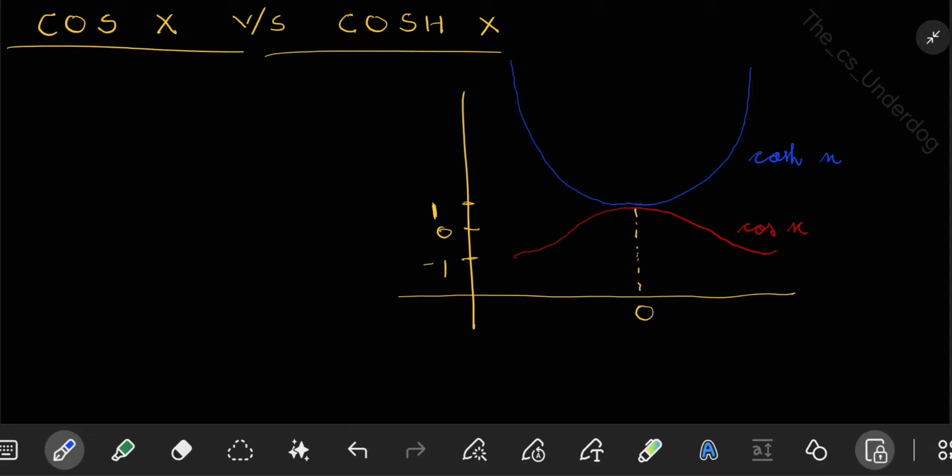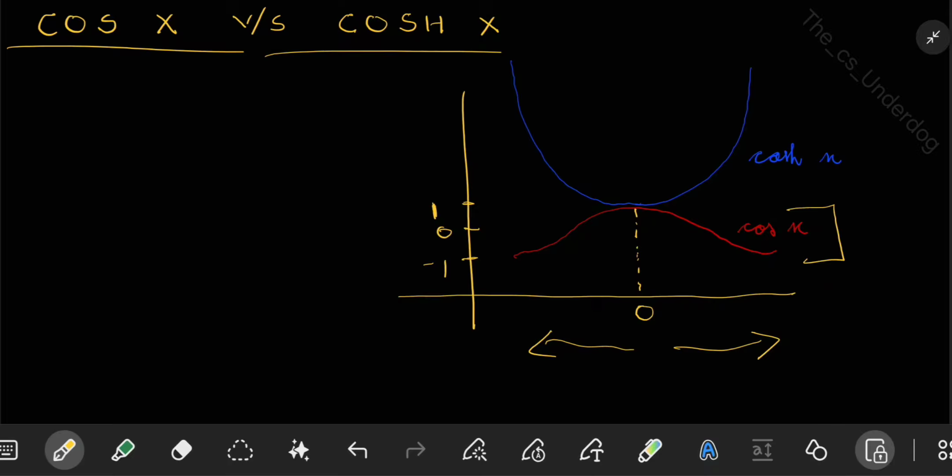Cosh(x). What is the speciality of this function? Your actual cos function, the trigonometric one, was taking a maximum value of 1, but cosh starts from 1 and goes up. So it can take any large value, but the speciality is that all the values taken by cosh(x) are positive. Even if you give a negative value or a positive value, cosh(x) will always give you a positive result.